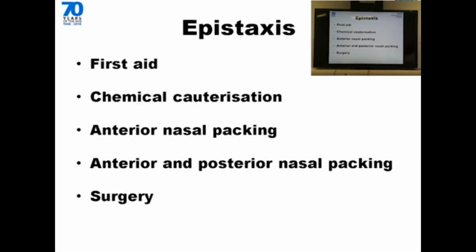So when we talk about epistaxis, this is how the ladder goes from first aid to chemical cautery to anterior nasal packing to anterior and posterior nasal packing, and then down to surgery. So the first three points are very important to all of us, because this is something we all in this room can actually do, depending on the variety of factors, as we'll see in the presentation.